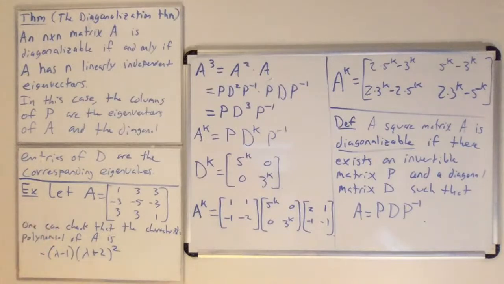So I'm giving you the characteristic polynomial. And so the question is, diagonalize A if possible.